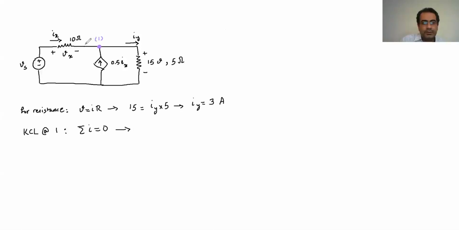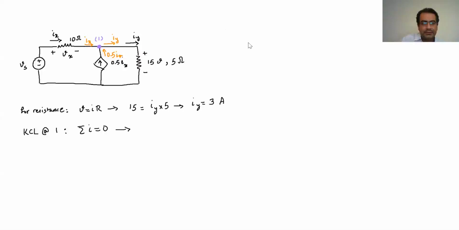I know that the Ix is going through that node. Also, from the direction of this arrow, I know that half of Ix is also going through that node. And I know that the Iy is leaving that node. So Ix coming in, half of Ix coming in, and Iy leaving out.